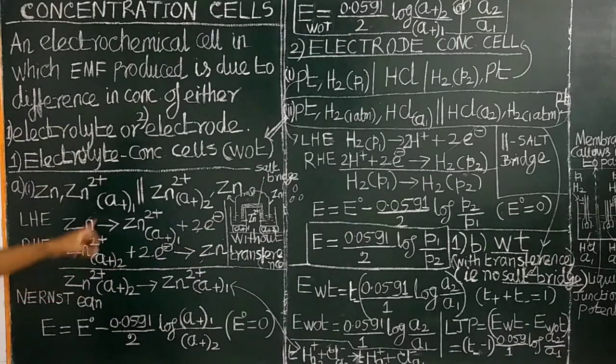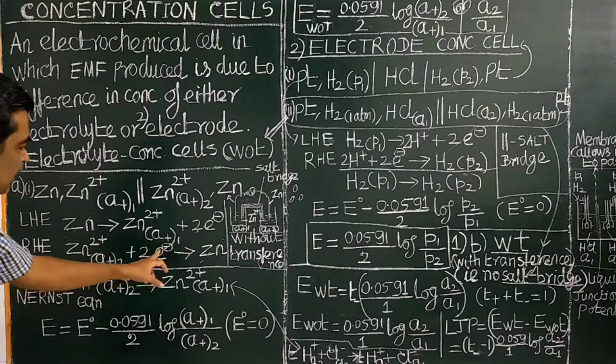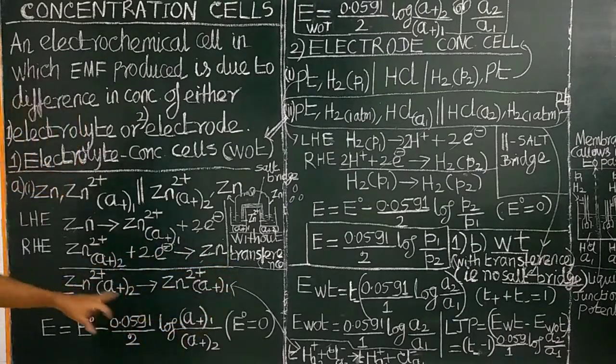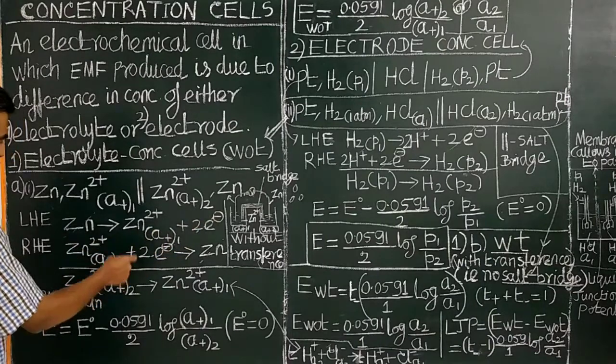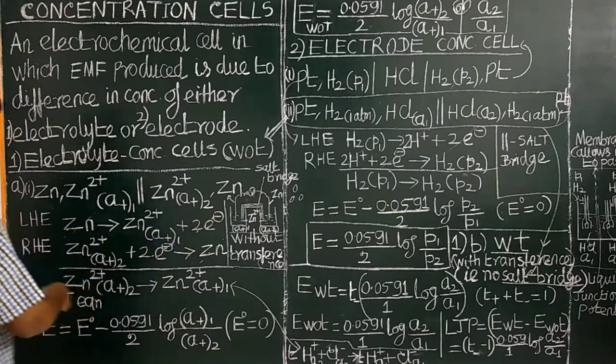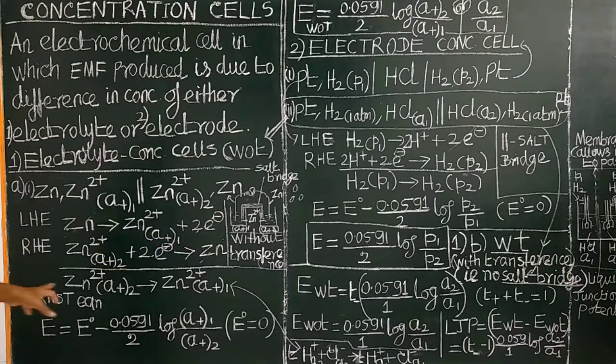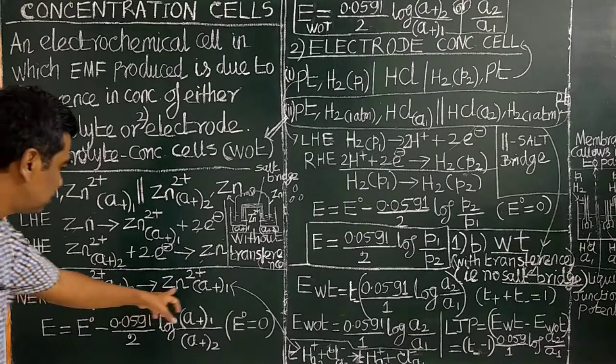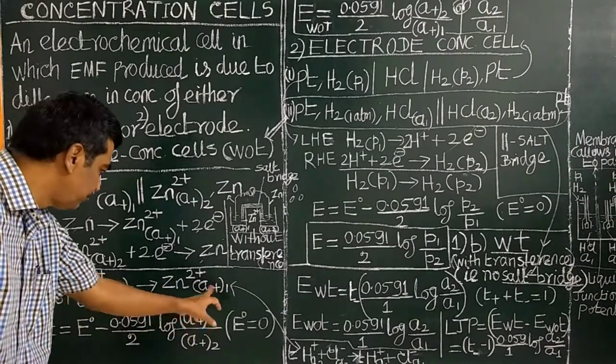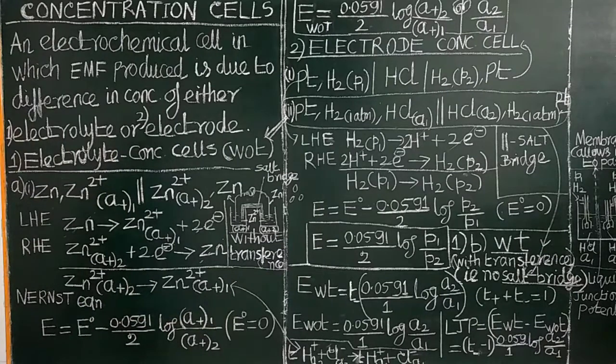In the right hand electrode, zinc 2 plus accepts the 2 electrons and gets reduced to zinc. Therefore you can cancel the 2 electrons and zinc metal. The net overall cell reaction is zinc 2 plus (A1) gives zinc 2 plus (A2).